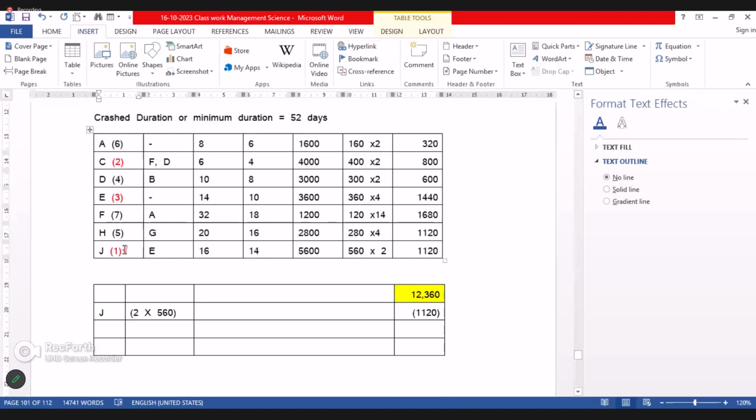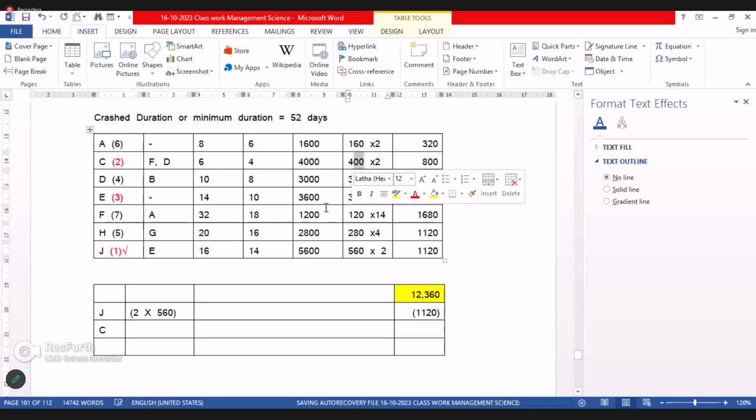This is finished. Second priority is which one? C. Then I consider activity C, because that is the next highest slope. Where I see 400.